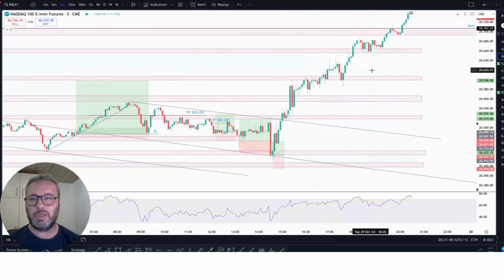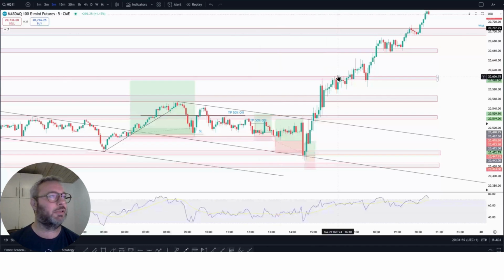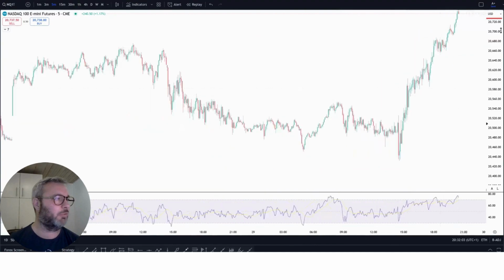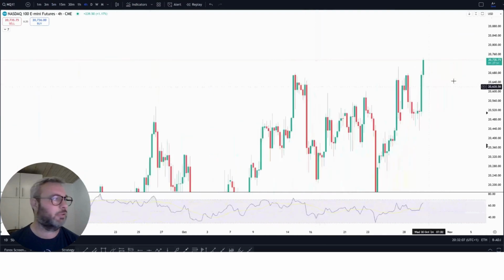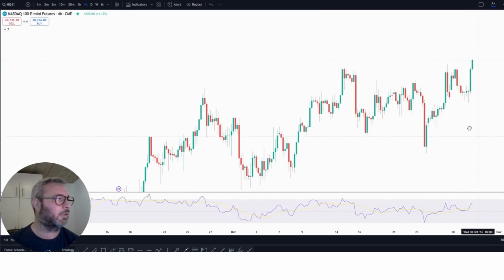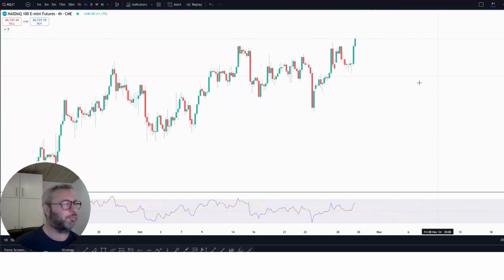So we are starting with Nasdaq. The first thing we do, I will move my chart over here on the other screen. I simply start with removing everything, deleting everything, and start from scratch. Let's start with the 4 hour chart here. So what do we have here?